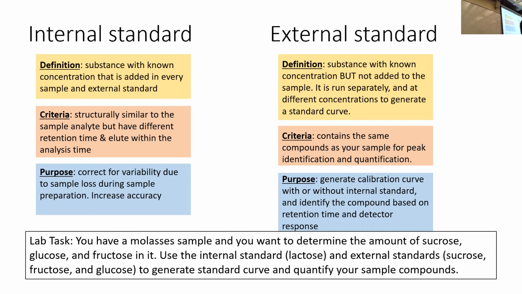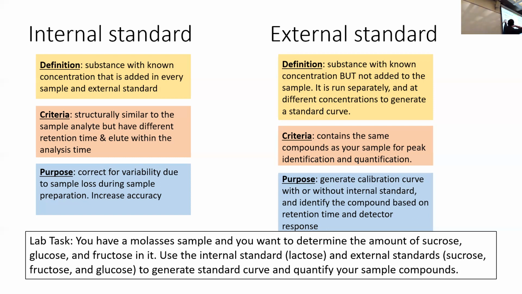So, internal versus external standards. An internal standard is a substance or a compound with known concentration that you add to every sample and every external standard at the same concentration.